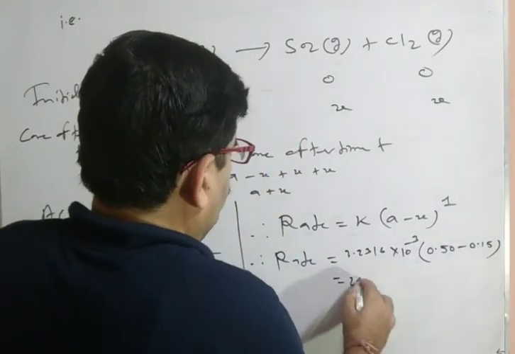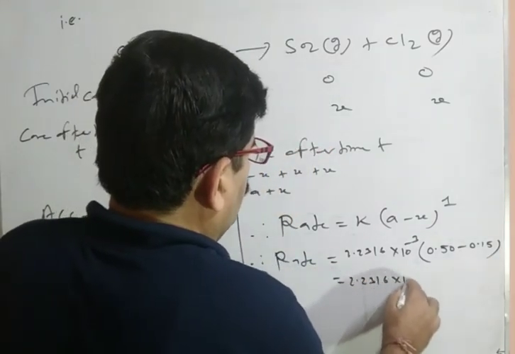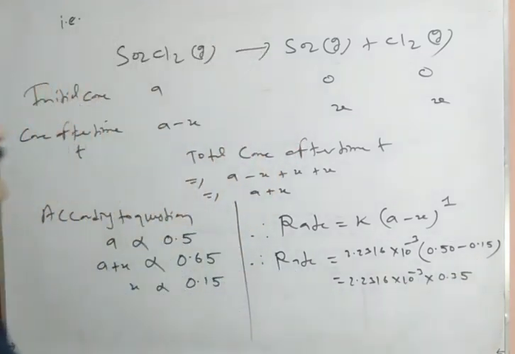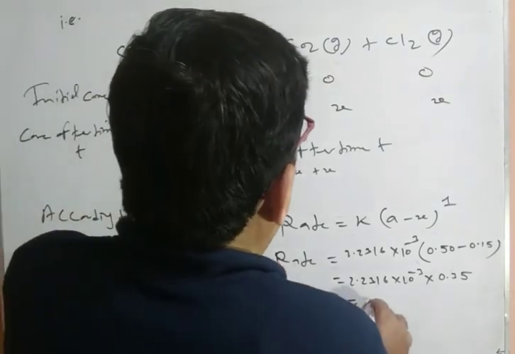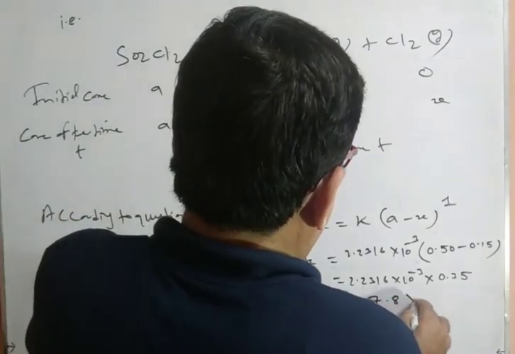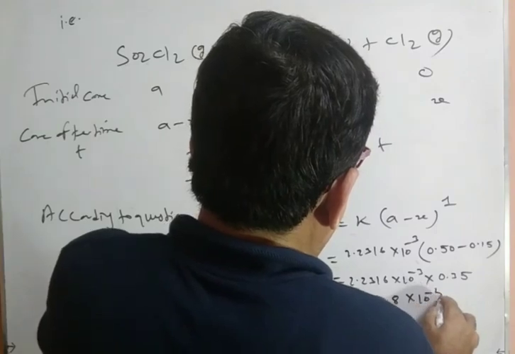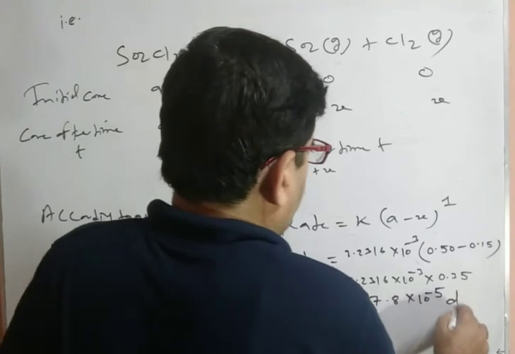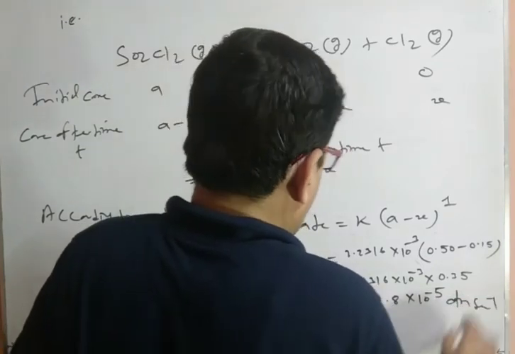That is 2.2316 into 10 to the power minus 3 into 0.35. If we multiply it, we get 7.8 into 10 to the power minus 5, and the unit becomes atm per second.